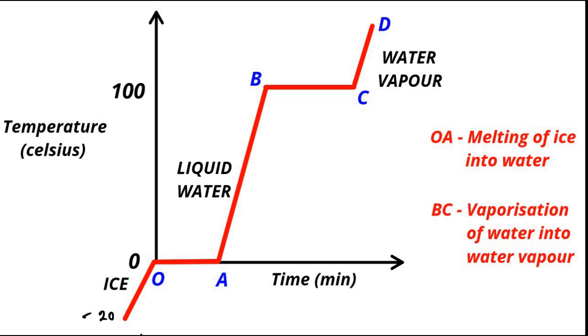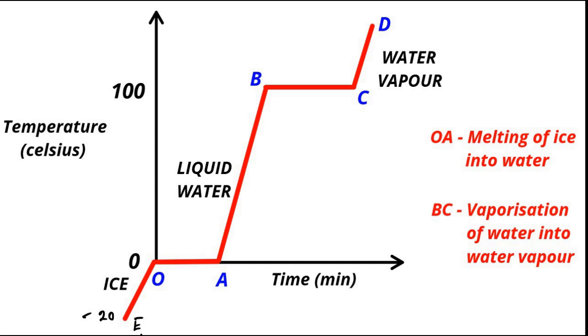Now as you can see, when heat is supplied, the temperature rises. Let's call that starting point E. So this EO portion denotes the rise in temperature from minus 20 up to 0 degrees Celsius.